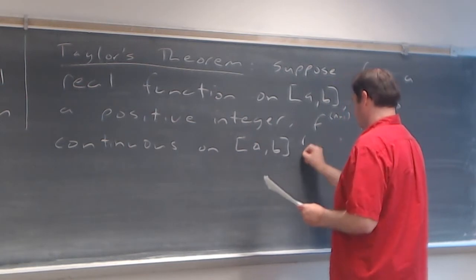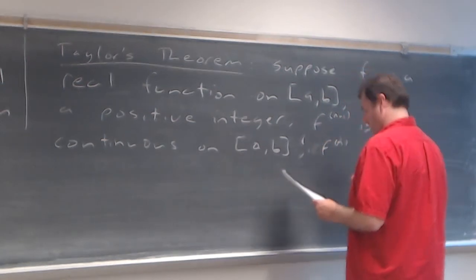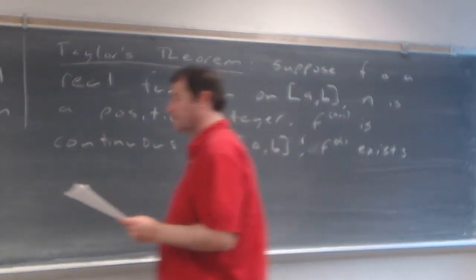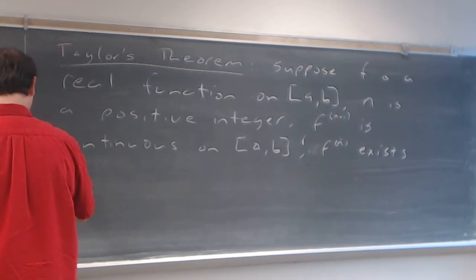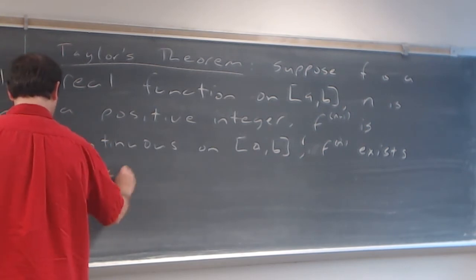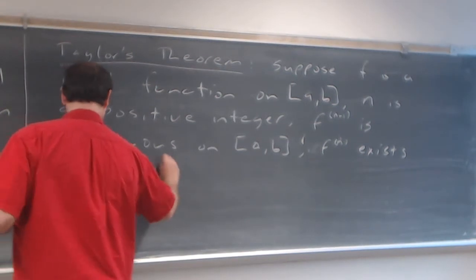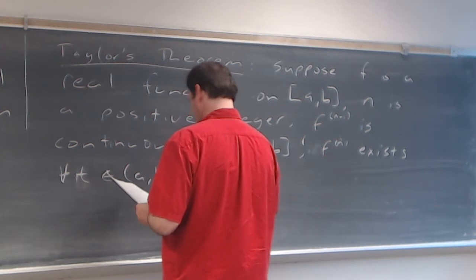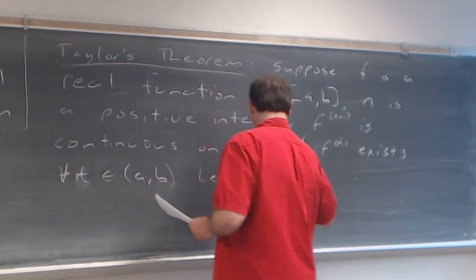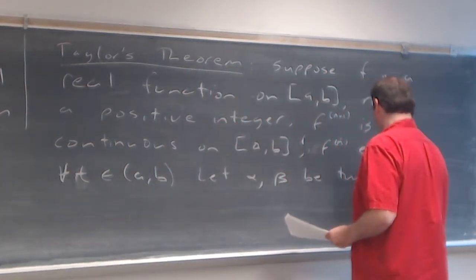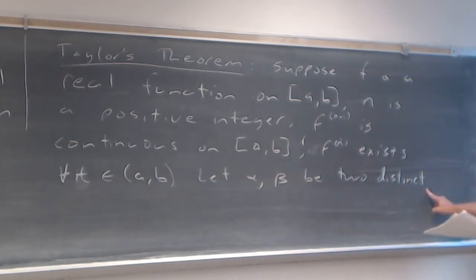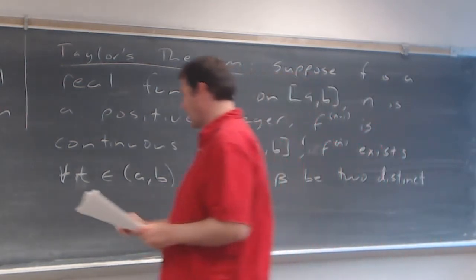And the nth derivative of f exists for all t element of the open interval from a to b. We're going to let alpha and beta be two distinct points of a to b.